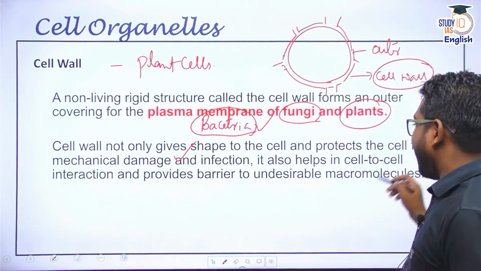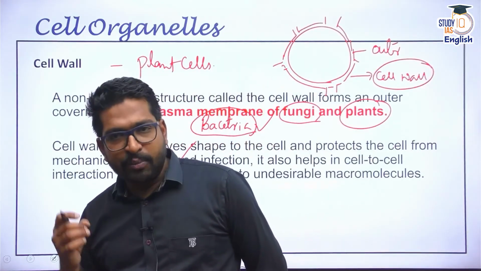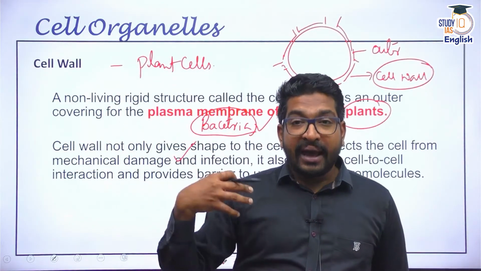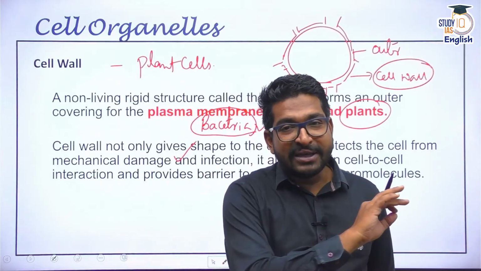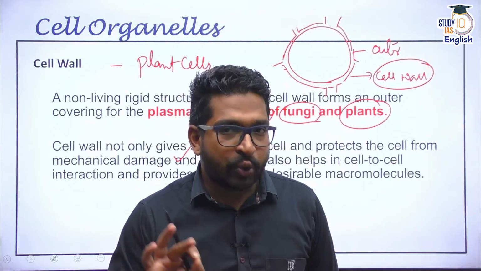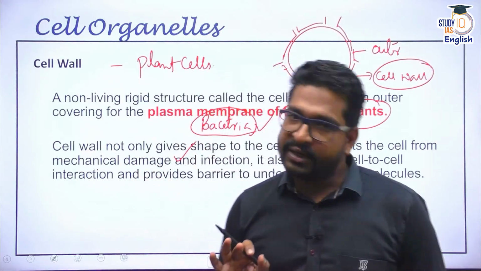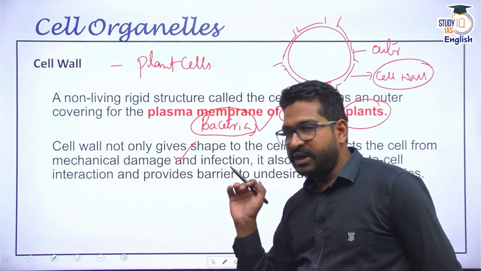It also acts as an interaction between one cell to another cell, and is mostly present in plant cells. Remember, animals, humans, we do not have any sort of cell wall on our cells. Cell wall is present only for plant cell, some fungi cells, some bacterial cells. Clear? Right. Cell membrane and cell wall.